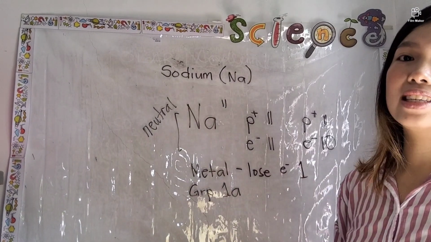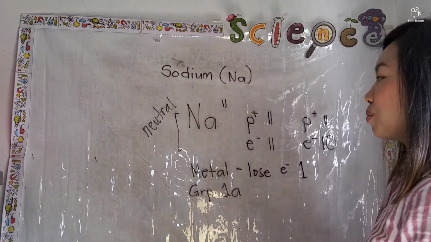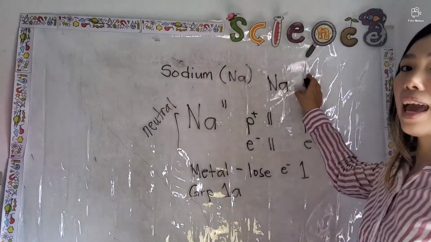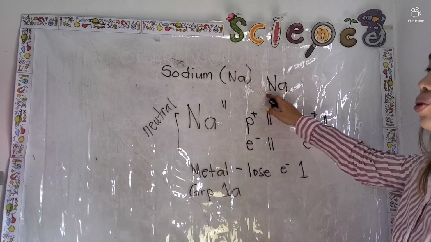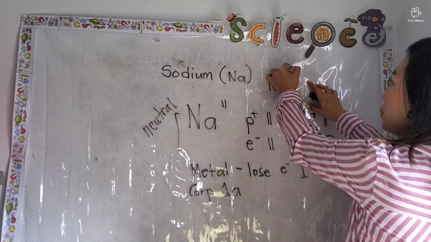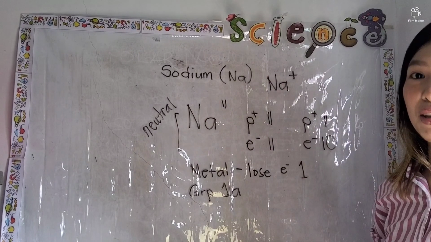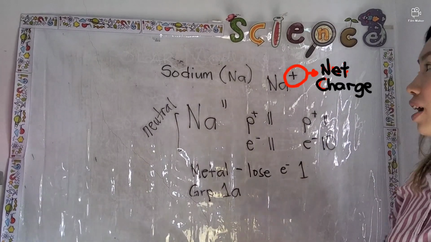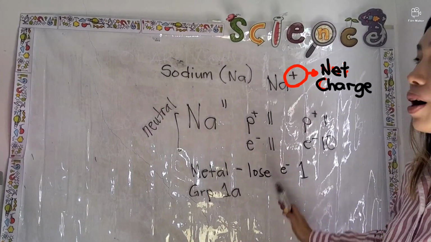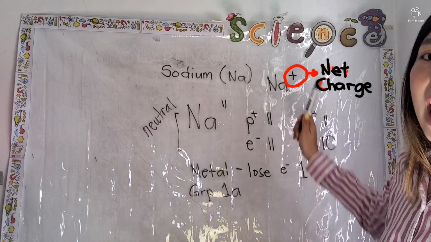Ilan ang nawala sa kanya? Isa. So, magkakaroon ka ngayon ng Na, the symbol of sodium, and then positive. Bakit positive? Kasi kung sino yung nag-lose, it will become positive ion.